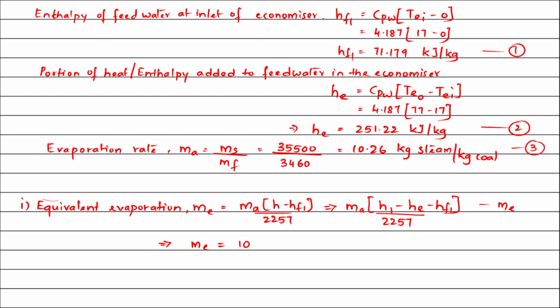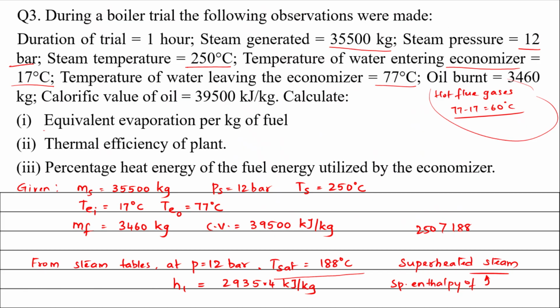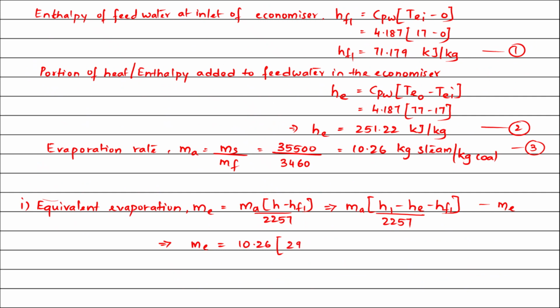ma, which I just found, 10.26, into (H1, which I found out as 2935.4, minus HE, 251.22, minus 71.179) divided by 2257.